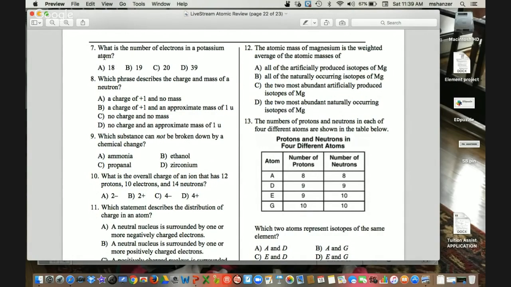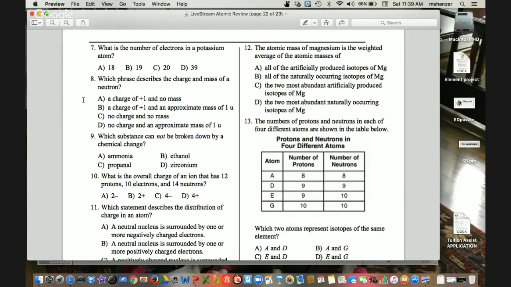So we simply look on the periodic table and we can see that this is going to be your answer, choice B, 19, because atomic number is going to be 19. And since 19 is the number of protons, and again, that's the significant word there, atom. If it said ion, then it would be plus 1 ion, it would be choice A. But for this question, it's choice B.